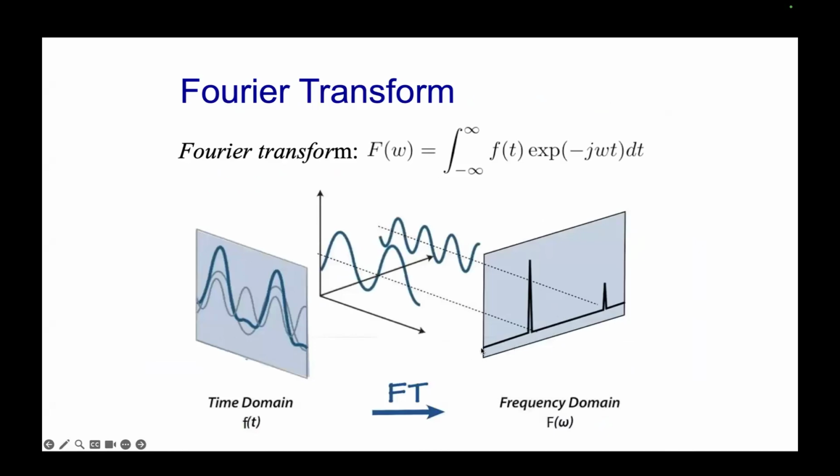If this is the minimum frequency and this is the maximum frequency, then the resolution of this x-axis, or how many points we have on this axis, depends on the number of samples we have in the time domain signal. So if there are 10 samples in this time domain signal, then we will have 10 frequency bins in the frequency representation of the Fourier transform.